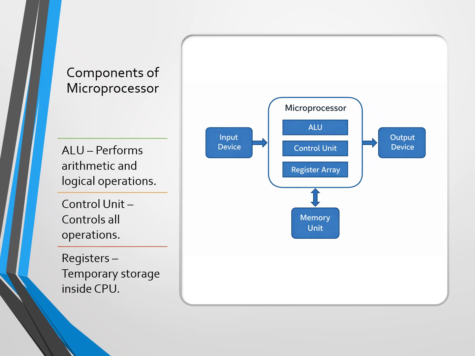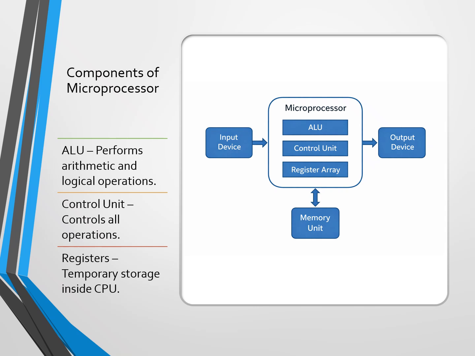On the right hand side, the components of the microprocessor are explained here, which is ALU, performs arithmetic and logical operations. As we all know, those are mathematical operations. It could be as simple as addition and further doing multiple complex operations, right?